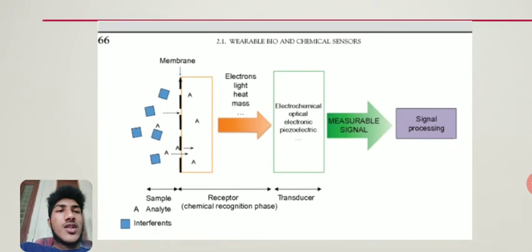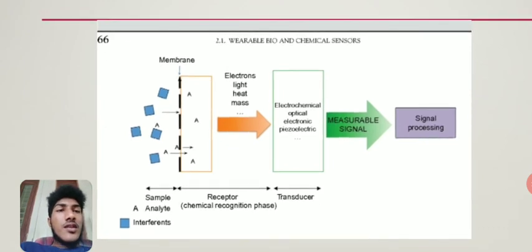The concentration of the gas changes the resistance inside the sensor. So the sensor changes the voltage or current, and it is detected and measured.